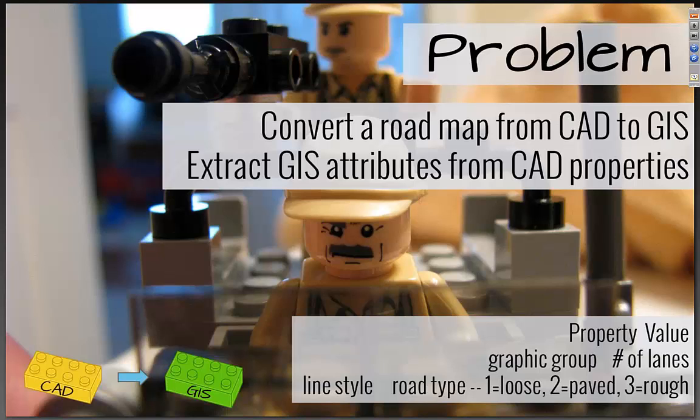This is really where we started at SAFE, and what was the core of how our product began its life, was helping people fish out the actual data that's inside of a CAD file and encoded in there in those bits and bytes of PDP-11 goodness, and bring them into something more useful for the GIS technician who isn't as enthusiastic about knowing that color 3 means that it's a paved road, or that the style of 1 means the road is loose gravel. So we're trying to get that information out and add value to it.